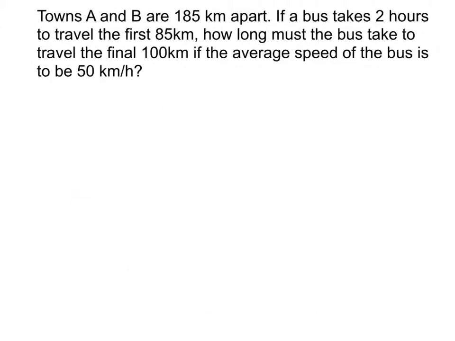Now, next question. Towns A and B are 185 kilometres apart. If a bus takes 2 hours to travel the first 85 kilometres, how long must the bus take to travel the final 100 kilometres if the average speed of the bus is to be 50 kilometres an hour? Now, in order to deal with this, we need to look at finding the total time.